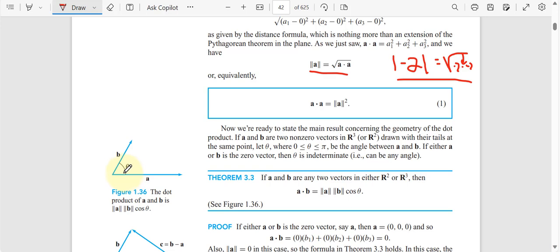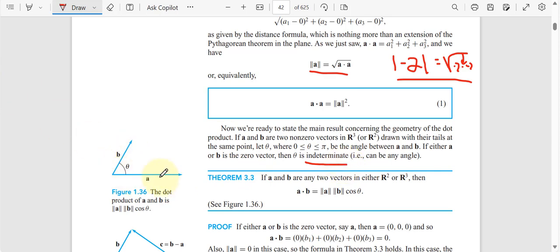So we're not really interested in doing this if A is a 0 vector. It means it doesn't have any length at all. We're not really interested in that case. Okay, so we're assuming that they are non-zero vectors. Because what would we call the angle between A and B if A was just the 0 vector? There's really no angle that we can talk about. They say the angle is indeterminate in that case.